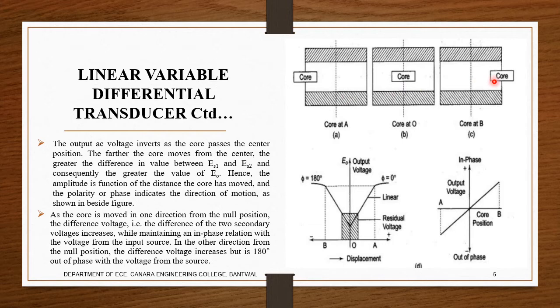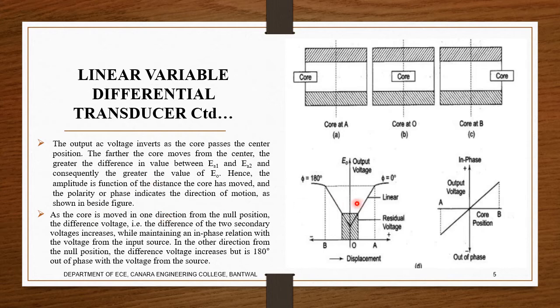When it passes it, at that time it inverts. The greater the difference in the values of ES1 and ES2, the greater the value of E0. Hence the amplitude is a function of the distance the core has moved, and the polarity of the phase indicates the direction of the motion, as shown in the figure.